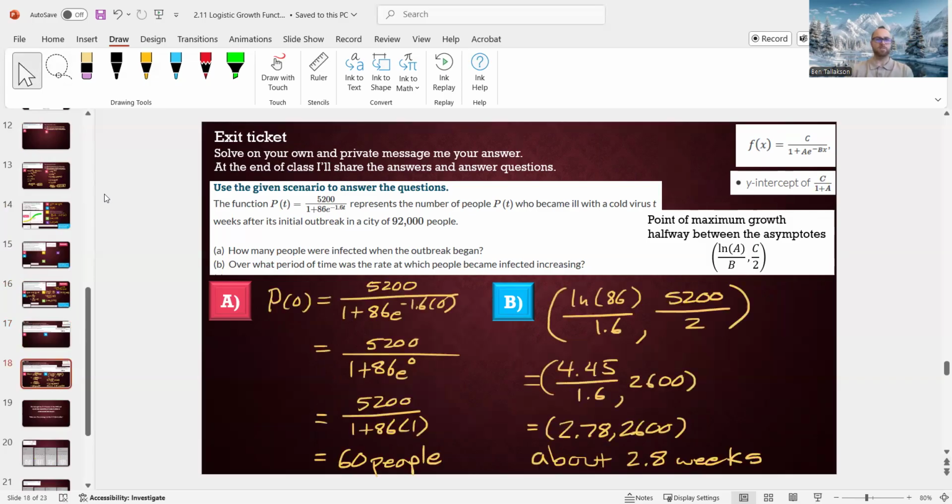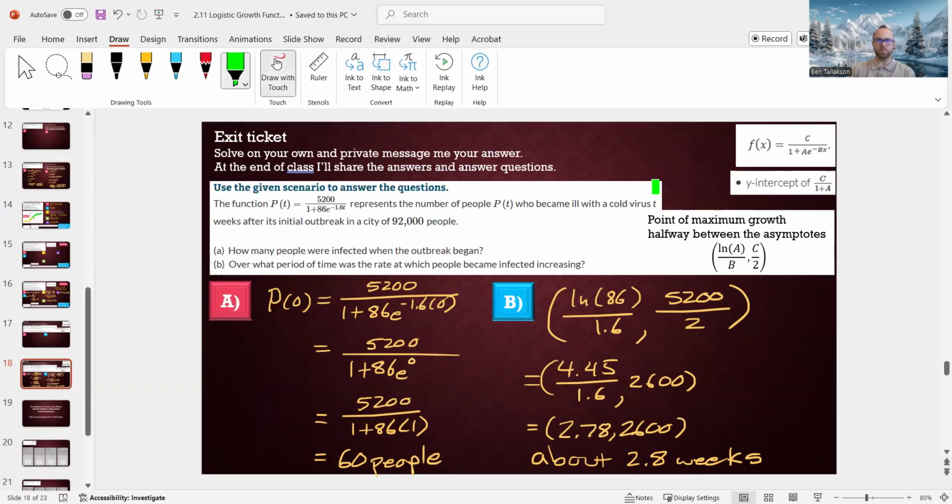Okay, so you were asked first, how many people were infected when the outbreak began? We did a problem just like this, right? Where no time has passed. When it very begun, time is the variable, in this case, t. Okay? They told you t weeks.